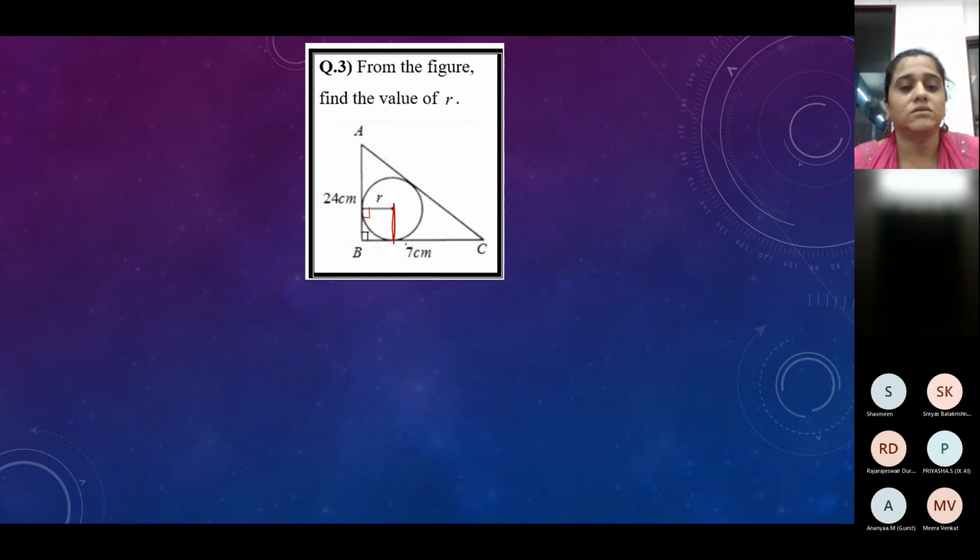Correct? Yes, ma'am. Then it's a rectangle and it's a square because the adjacent sides are equal, or you can say tangents from the external point of the circle are equal. So this is a square, which means all the sides are equal. So this is also R, this one is R, and this one is also R.